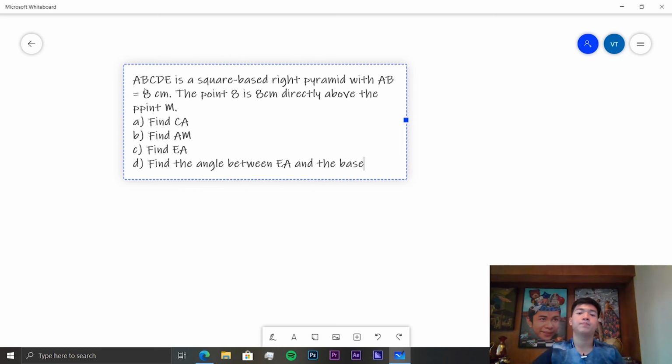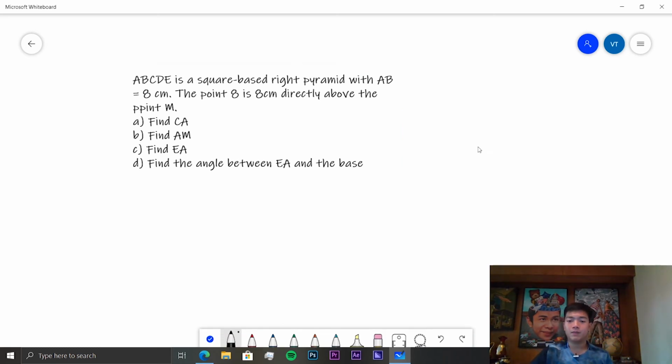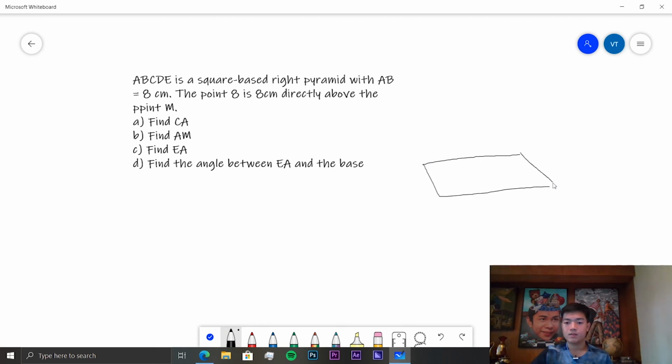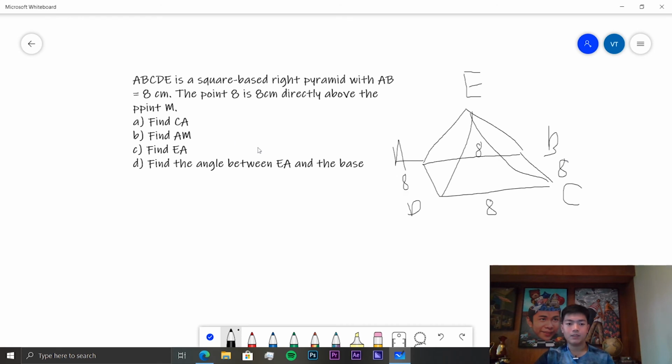Okay. So a square-based right pyramid will look like this. The point E is 8 centimeters above the point M. So I'm going to assume this is point E. This is A, B, C, D. So AB is 8, so that also means BC is 8 since this is a square-based right pyramid.